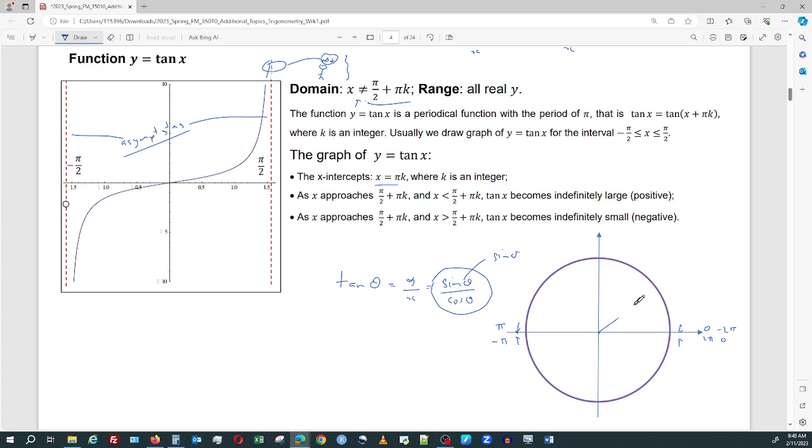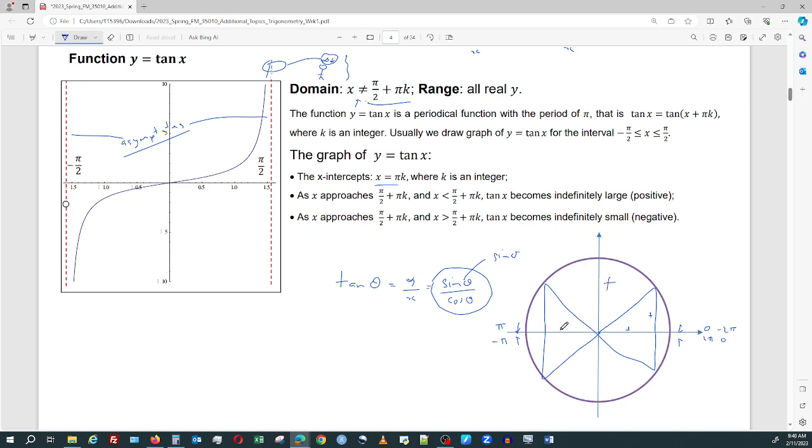Now, when we do this, if I just do the diminishing triangles, what's going to happen here? We've got a positive y and a positive x, so that means tan is positive in this part.